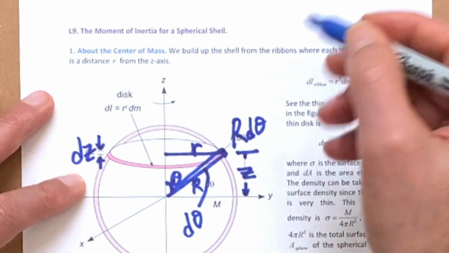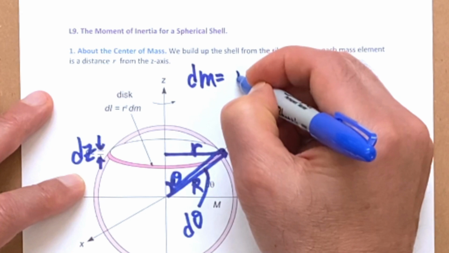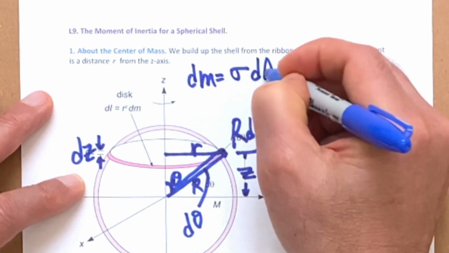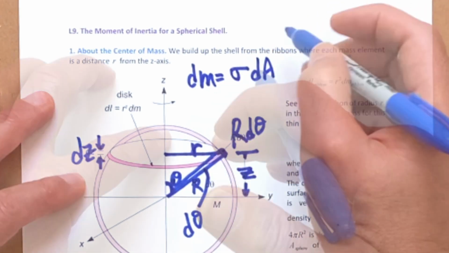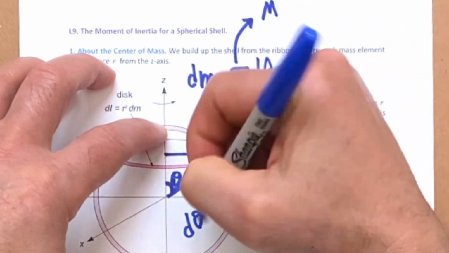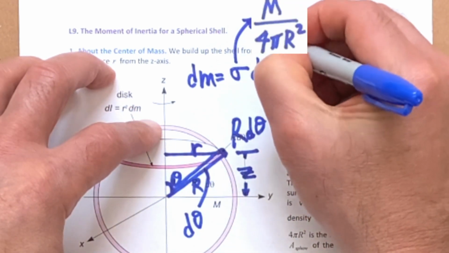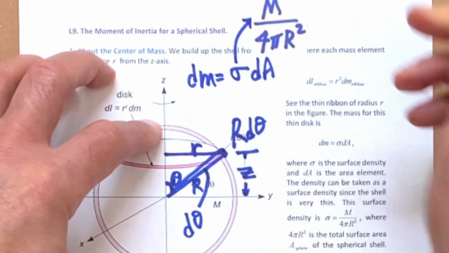So here we want for the mass, it's a surface density times dA, and the surface density here is the mass of the shell over the area, which is 4 pi r squared.